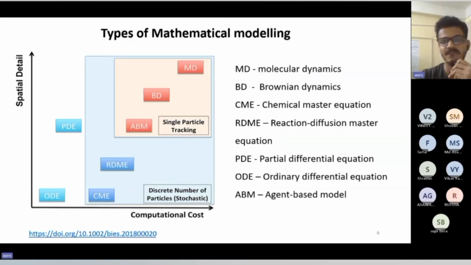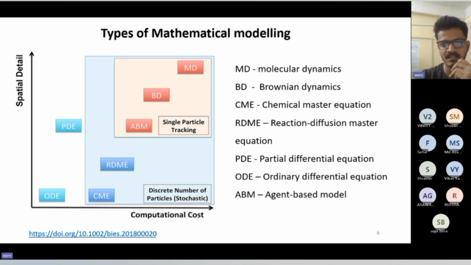So there are different types of mathematical modeling. Basically, this is a graph of the computational cost and spatial details. At the top, you can see we have molecular dynamics simulation and Brownian dynamics simulation. These are single particle tracking, where we are tracking what is happening at each time step to a single particle.